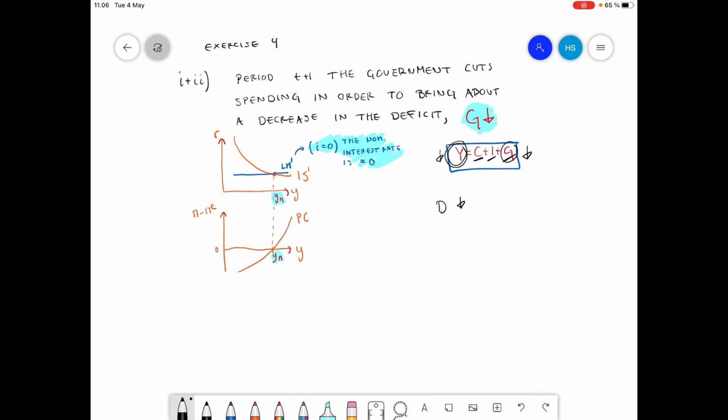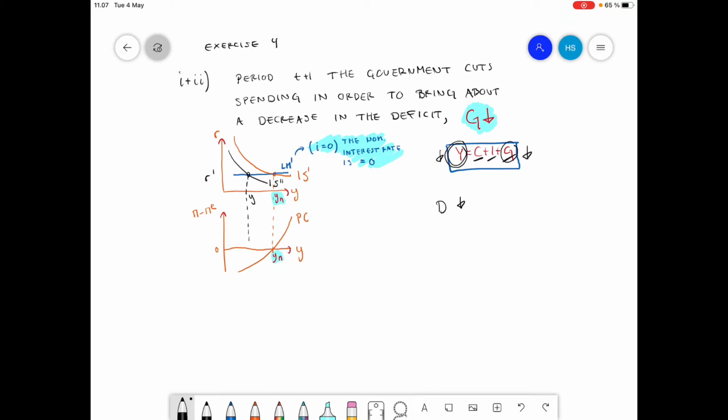The interest rate remains the same. For the interest rate, let's assume it is equal to R prime. If the government today decreases government spending, then for any real policy rate, the output level will decrease. Lower government spending is associated with lower aggregate demand. A lower aggregate demand will shift the IS curve to the left.